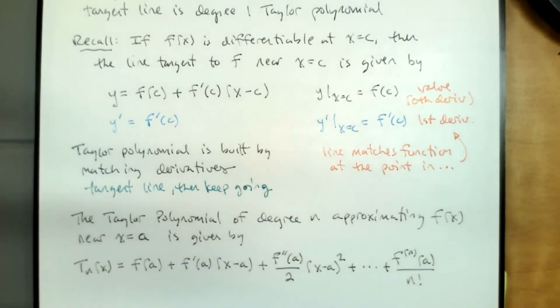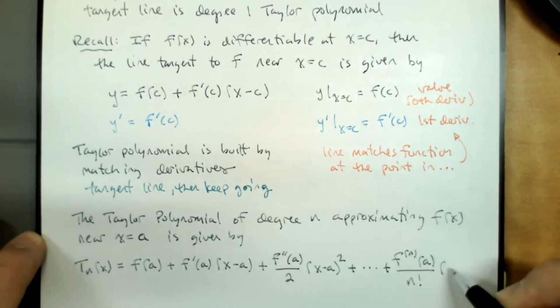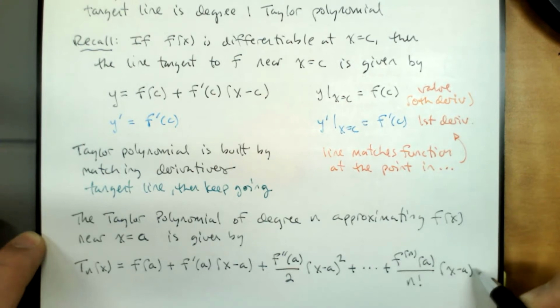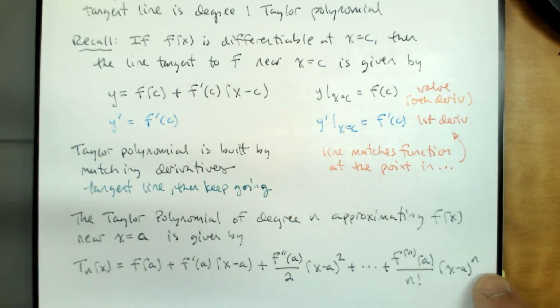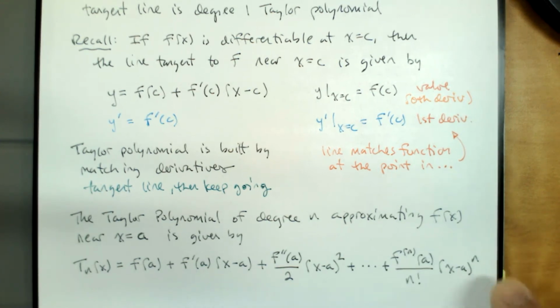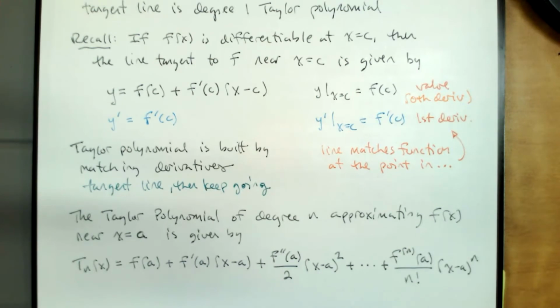Now we have to think about where that n factorial comes from. We're making a polynomial of degree n. And remember, when I get to the nth derivative of P sub n of x, I have to be looking at the nth derivative of f. So that n factorial is there to cancel out all the exponents in the (x minus a) to the n. When we take the first derivative, I multiply by n.